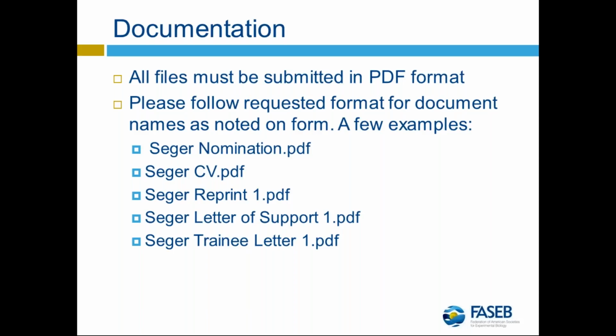For the nomination letter, it would be Seeger nomination PDF, and Seeger CV PDF. If you can name all your files in this way, as opposed to Seeger et al., Nature paper 2017, March, you can see right away it makes it a lot easier to track documents for you nominating someone, but also on our end, when we receive the documents, we know exactly what the document is. So please use that file naming format.